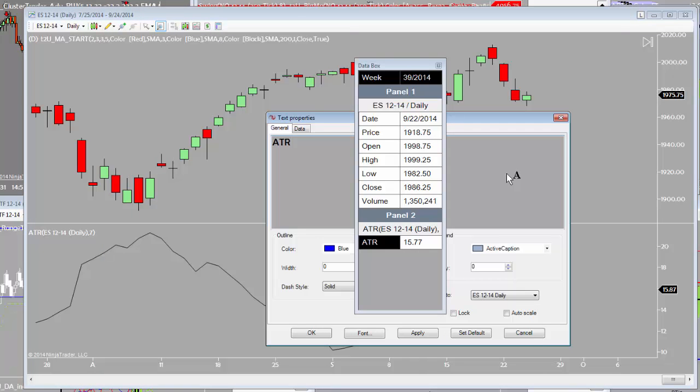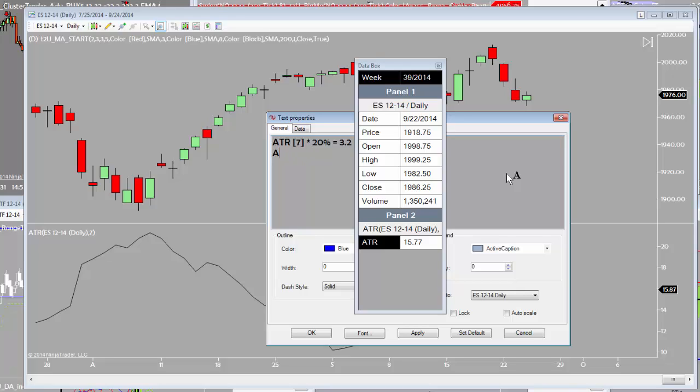ATR 7 times 20%. So in this case, 16 is the 7-day ATR. Multiply it times 20% equals 3.2. Then add the 7-day ATR.